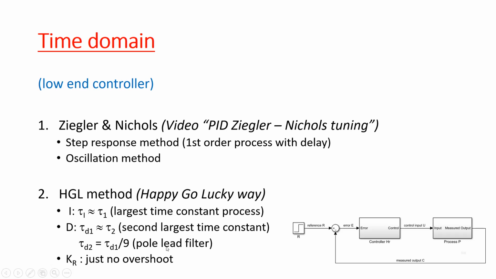And if you want to make a lead filter, you can define the pole of the lead filter at the D action zero divided by 9. And then you can adjust the gain of the proportional part in a way that, for instance, you don't have any overshoot. Alright, so that is really a starting method when all other rules are not applicable.